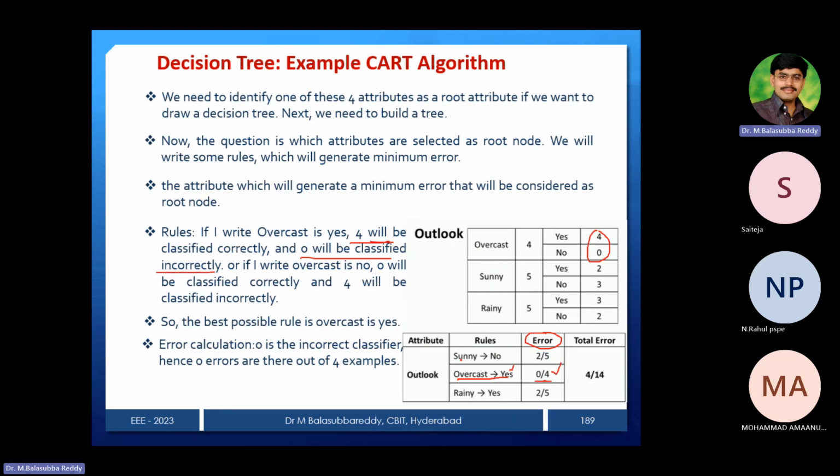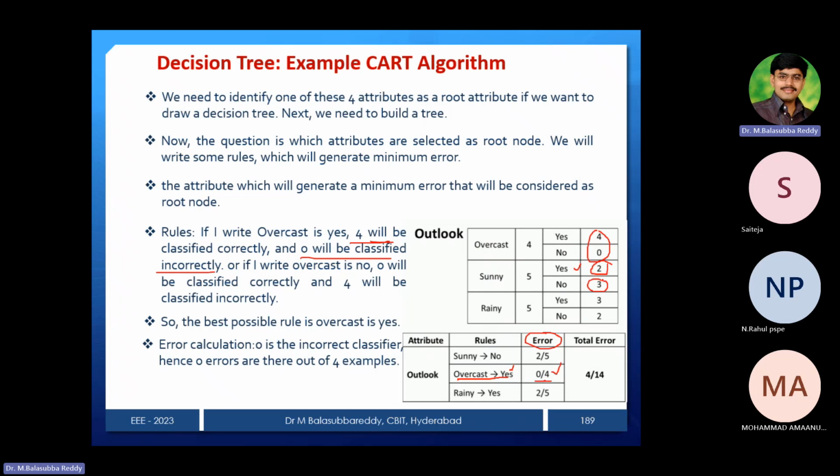Now similarly, consider Sunny. You can come to Sunny, total 5. Among that, if I take Sunny is yes, what will happen? 2 will be correct, 3 will be incorrect. If I take the rule Sunny is yes, then 2 will be correct and 3 will be incorrect.